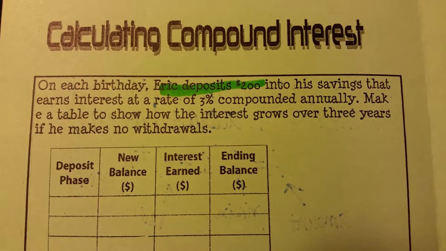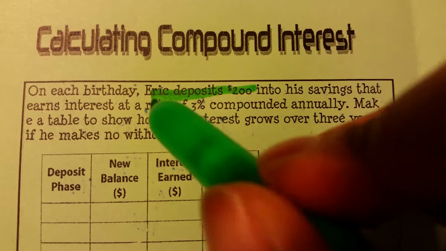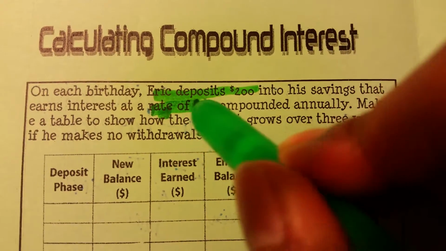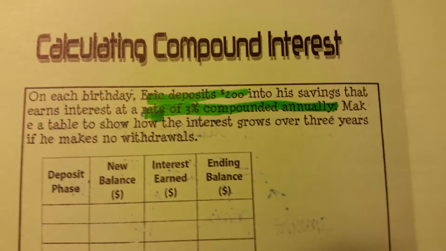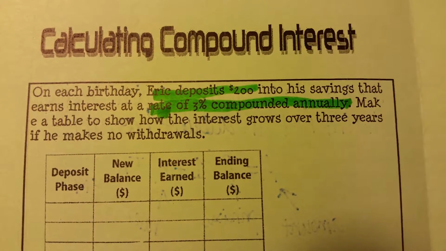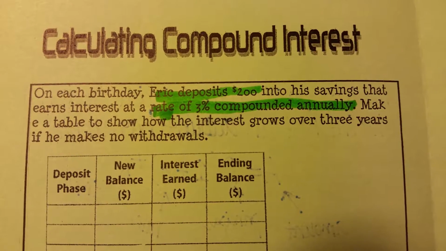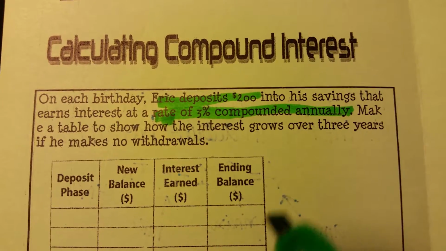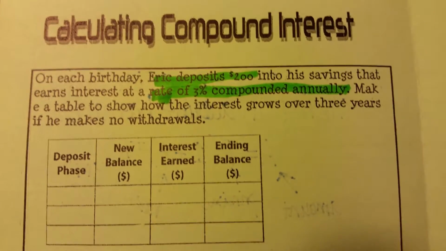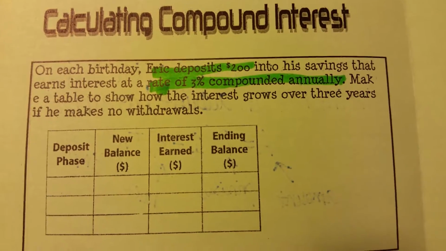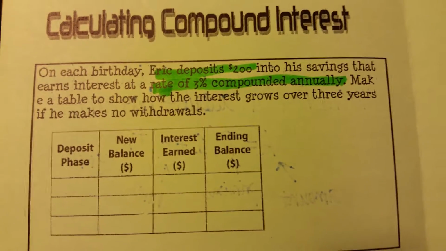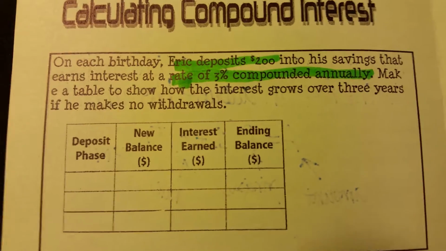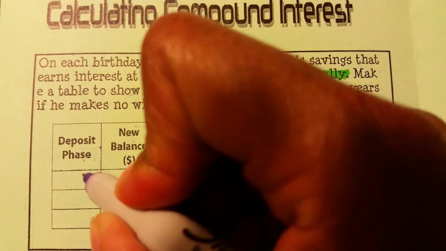It earns interest at a rate of 3% compounded annually. We're going to make a table to show how the interest grows over 3 years if he does not take out any money. So we're going to do the same thing we did here.